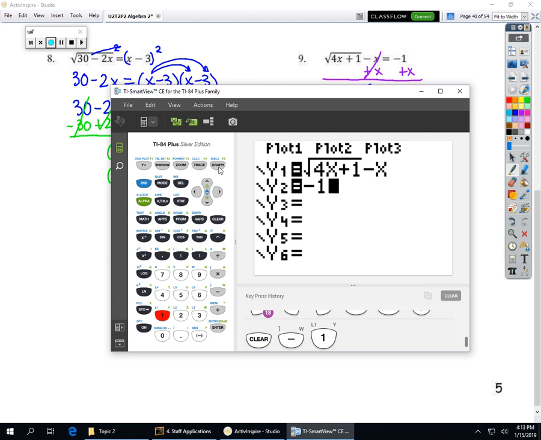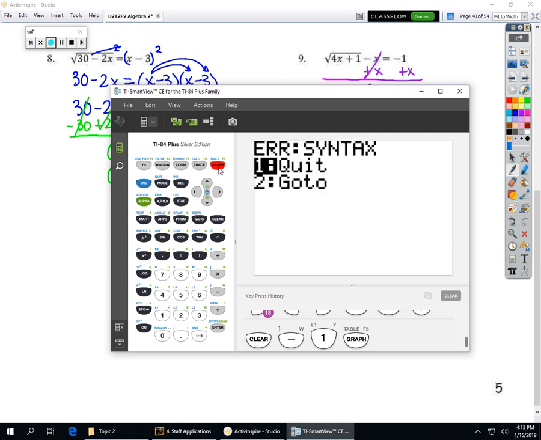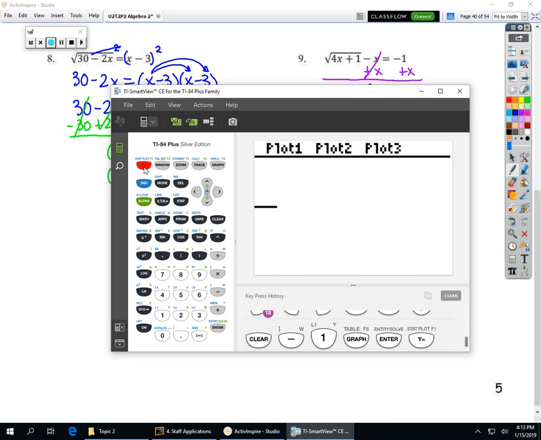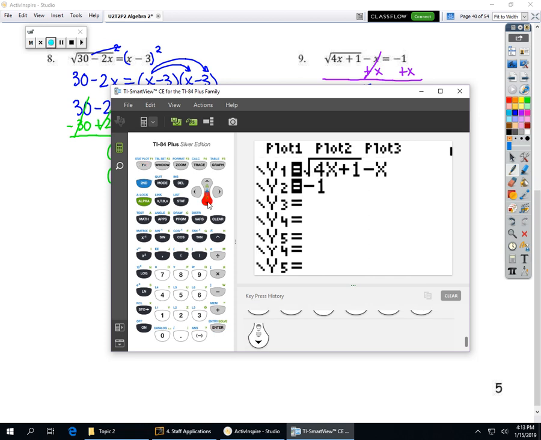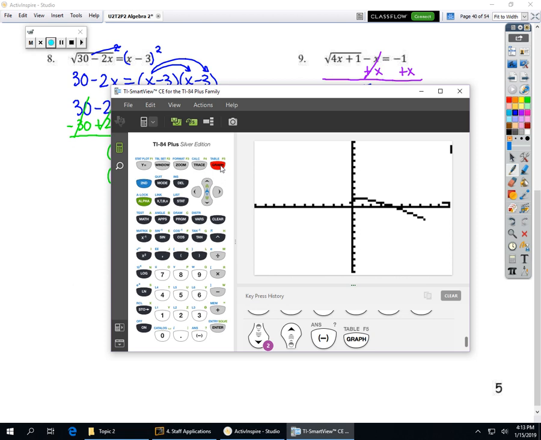Let's see if they cross at those two values. Oh, there's a syntax error. What's going on? Oh, I see. I should have put negative in this spot. So I'm sure you've all made this mistake a few times. They only cross once. They cross here.